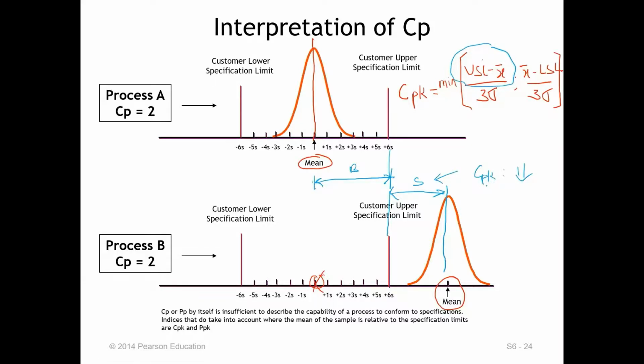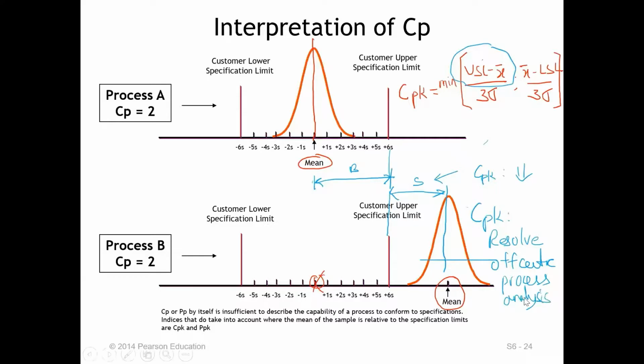Okay, and that is the reason that by taking x bar into the calculations, CPK is able to resolve the off-center issue in the process capability study. So besides CP, we have CPK.